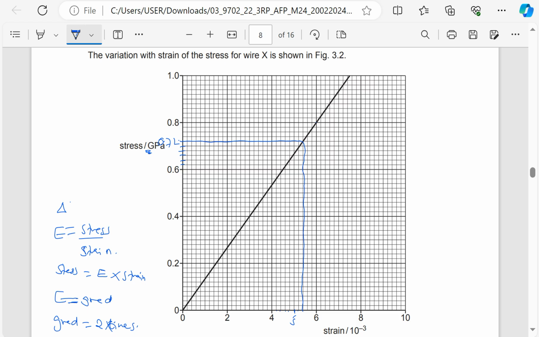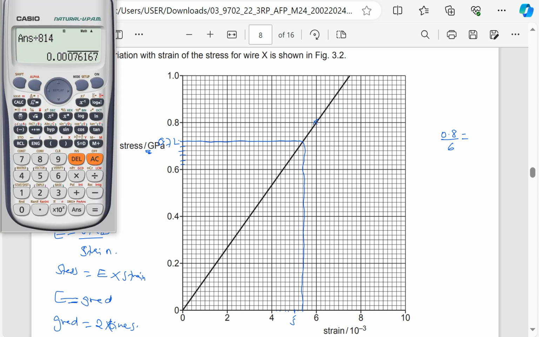For example, if I'm using this point here, if the gradient of this first line is 0.8 divided by 6, so this is 2 over 15.